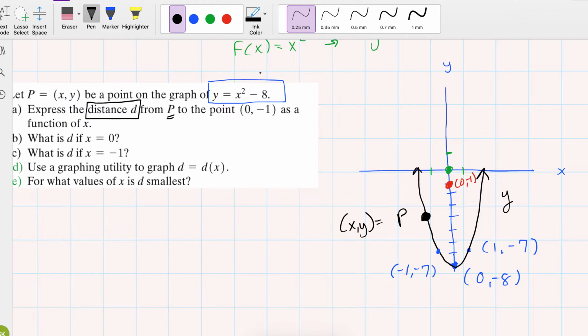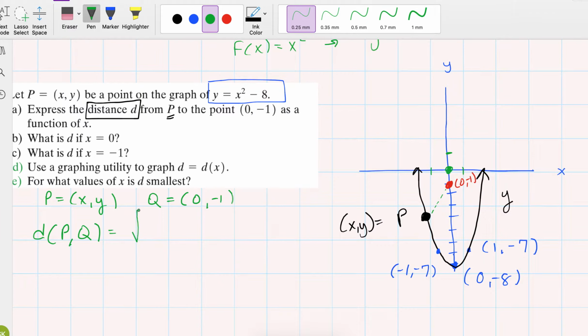Okay, so how do we find the distance between two points? From this point to this one, we're going to use the distance function. Recall that the distance function between P and Q, where P is the point (x, y), and Q is some other point, in this case the point (0, -1). The distance between these two is the square root of the difference between the x coordinates squared, plus the difference between the y coordinates squared.